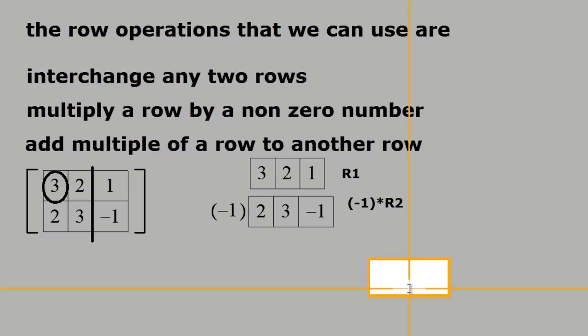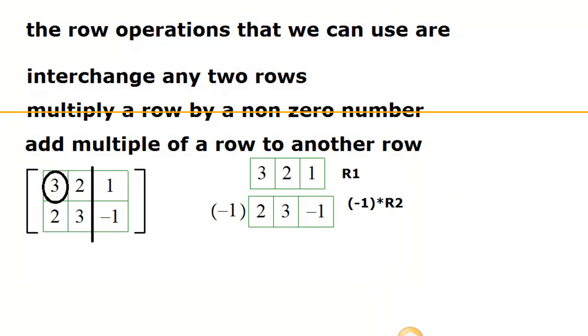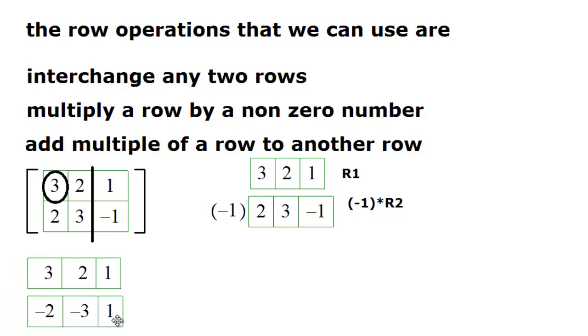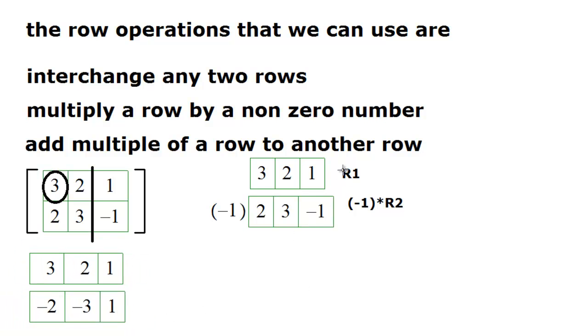So what we have is the following, that this is again row number 1 as it is, right? And then this is negative 1 times row number 2, and if we add them together, what are we going to get?